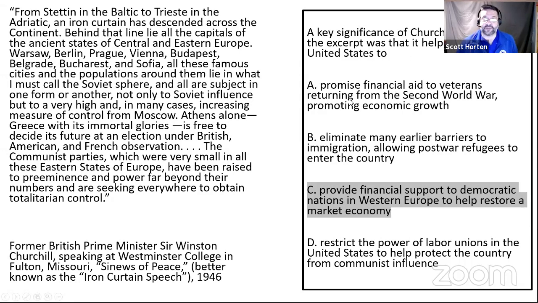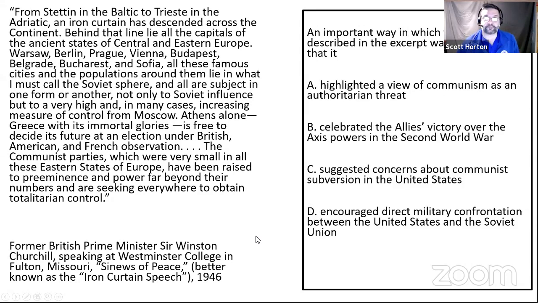Promising financial aid to veterans returning from the Second World War, that does happen, but that's not what Churchill is talking about, and he's certainly not encouraging that. And this is not a quotation, of course, about immigration, and it's not a quotation about labor unions at all. This is a Prime Minister of England encouraging the United States to help the non-communist nations of Western Europe.